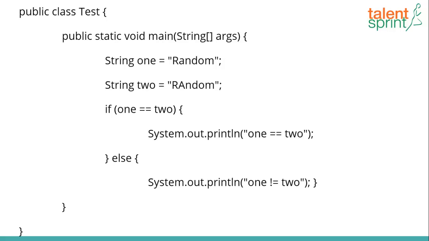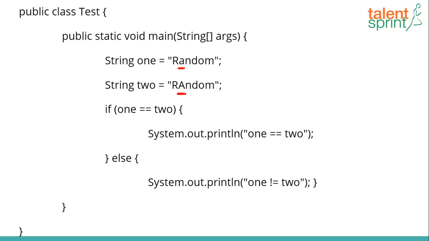All right, so since you all have answered, let's get to the problem. So what is happening here is again a very minute change that will give you the answer in seconds. The A here is small and the A here is capital. So these two strings are not pointing to the same memory reference.